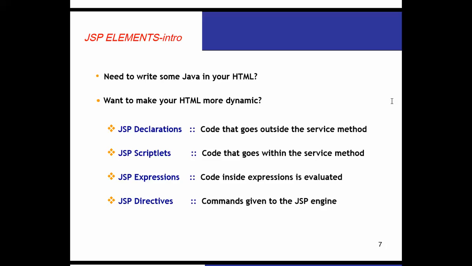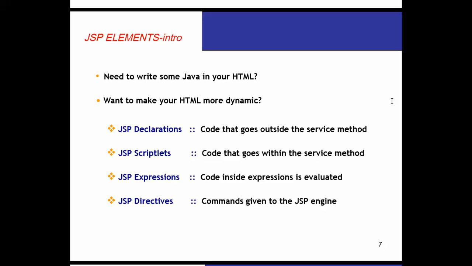When I was talking about servlets, there is a service method, that is the doGet method and the doPost method. When writing servlets, I will be writing overridden methods called doGet and doPost, where I write the business logic. Coming to JSPs, the declaration code goes outside the service method. So that is our declaration.